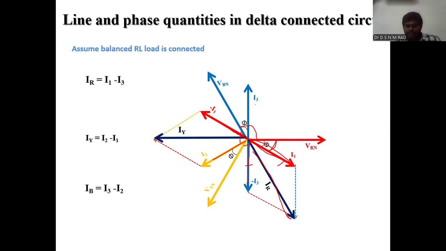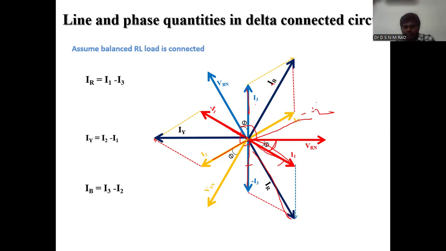I3 is here, and if you project I2 exactly opposite, it becomes minus I2. So the vector sum of I3 and minus I2 will give IB. In this way, we draw IB.